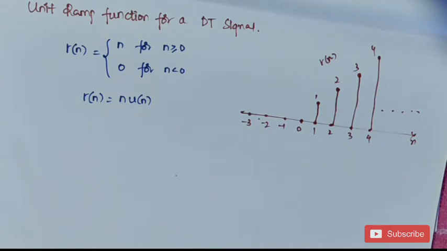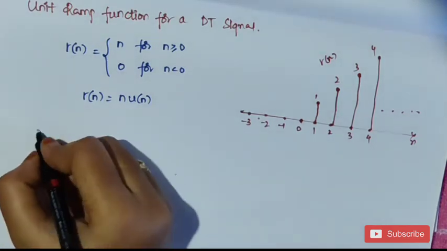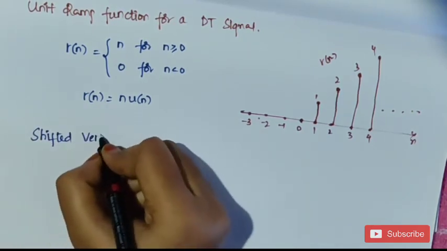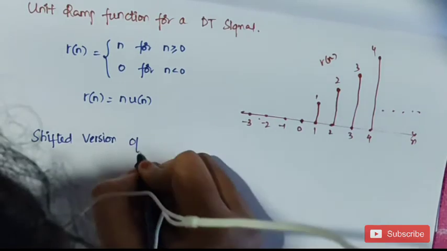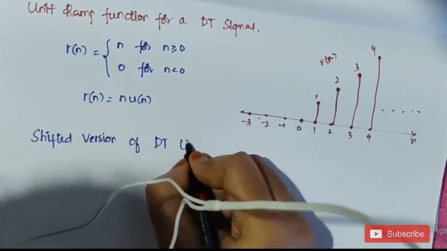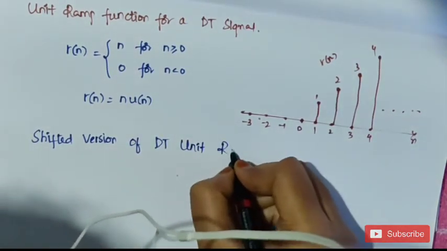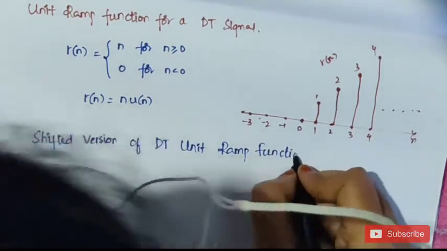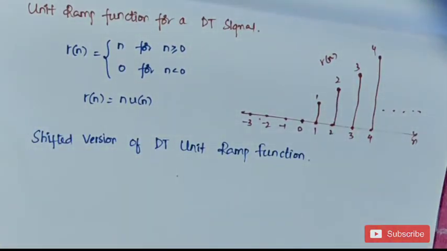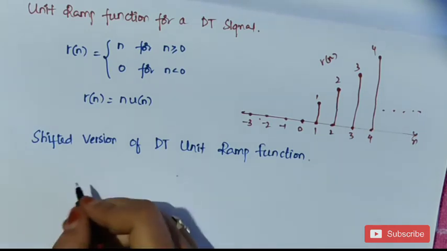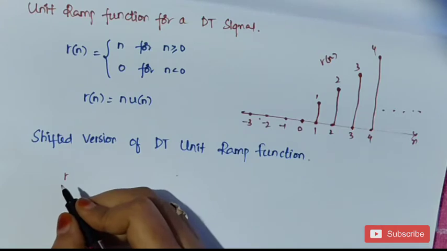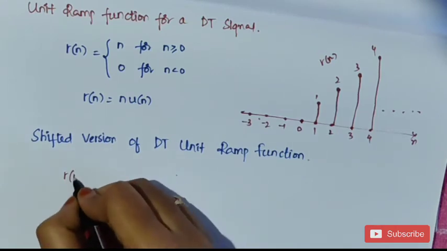Now let us see the shifted version of the discrete time unit ramp function. Let us consider a signal R of n minus 2.